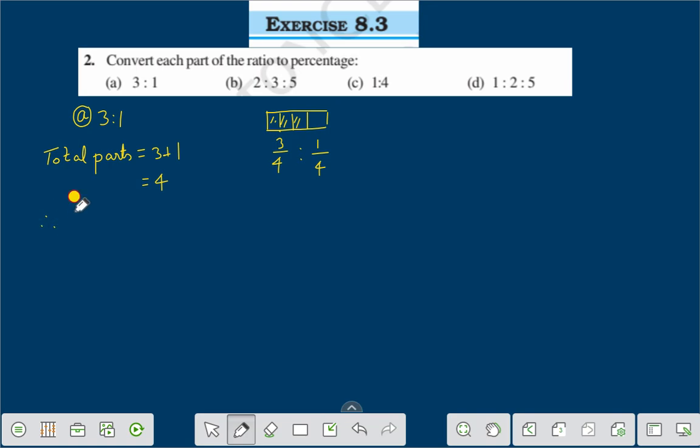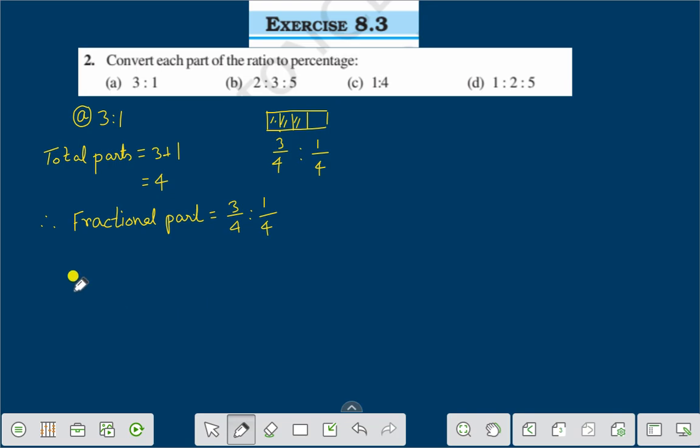Fractional part is equal to 3 by 4 is to 1 by 4. Right? Now you have to find the percentage of parts.